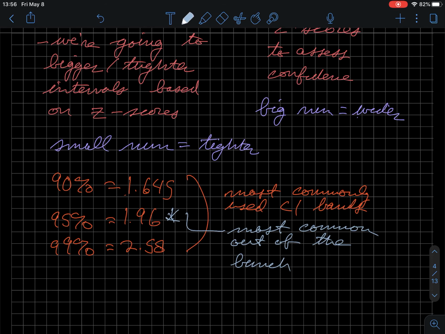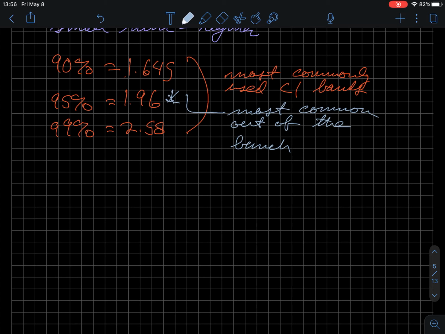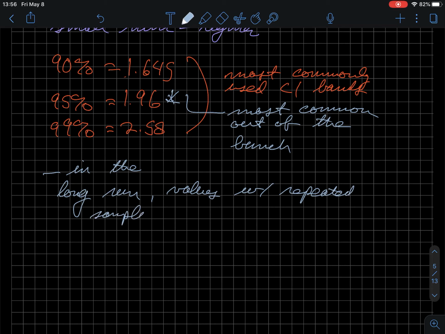The way that we interpret this is that in the long run, intervals with repeated sampling will contain the true population mean or proportion or whatever we're testing.